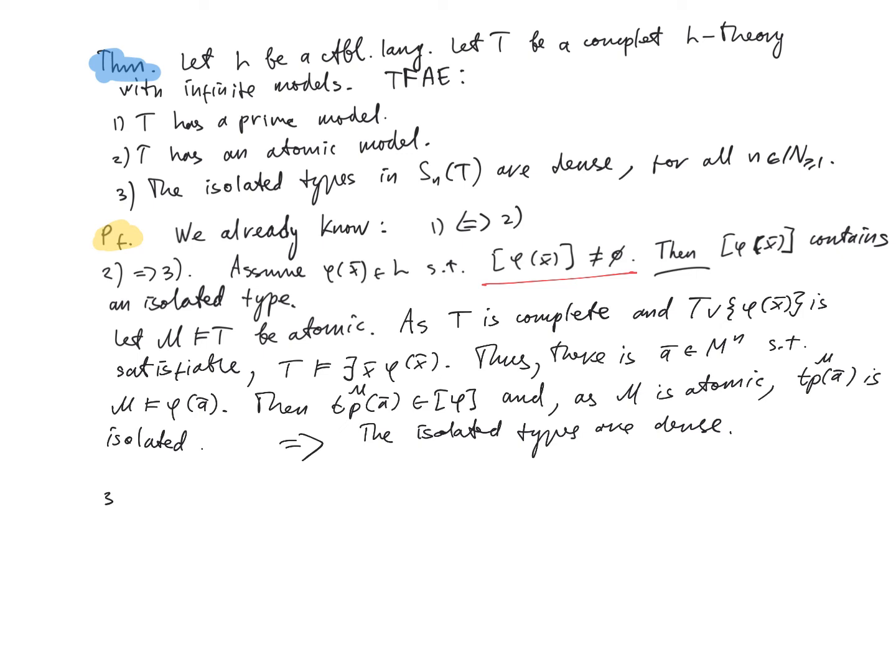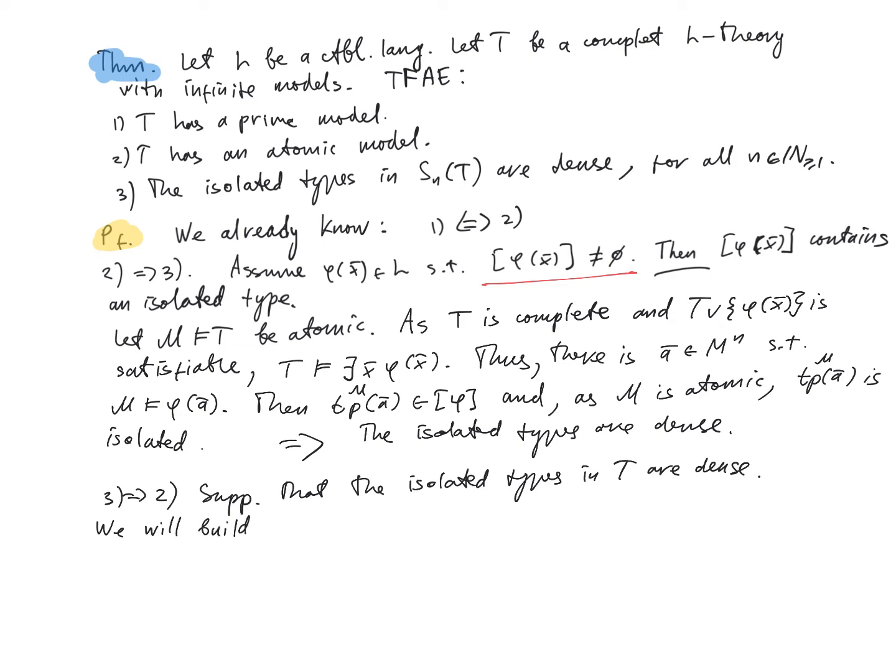Our remaining task is then to show that 3 implies 2. So we suppose that the isolated types in T are dense, and we are going to build an atomic model of T via a Henkin argument as usual.